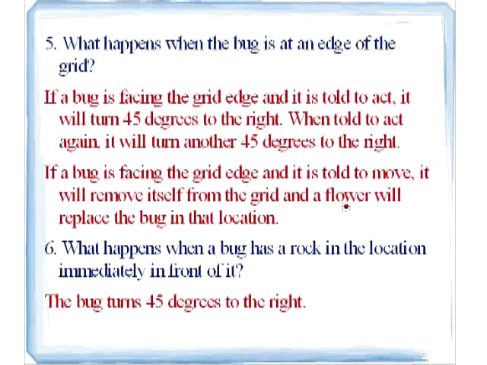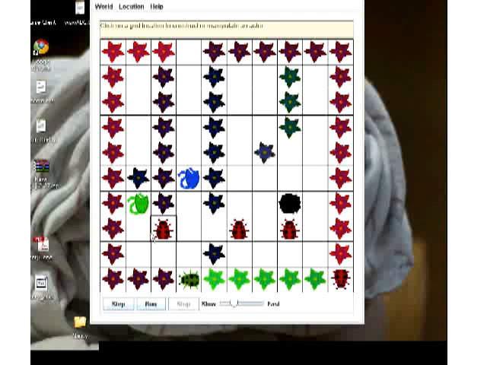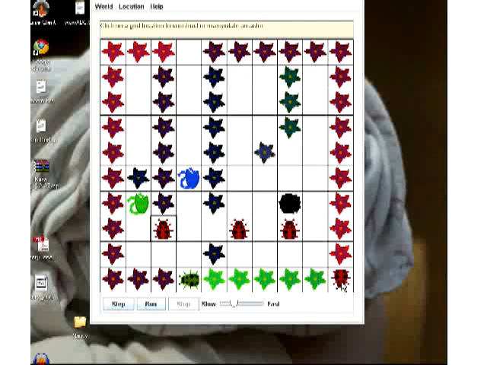This is an interesting distinction. I'm not sure my students ever explored this, and this would be something that you would probably have to do, because you know, most students are just looking at what happens when it's at the edge. Well, there is a difference apparently here, that if he is at the edge here and just told to act, he's going to turn.